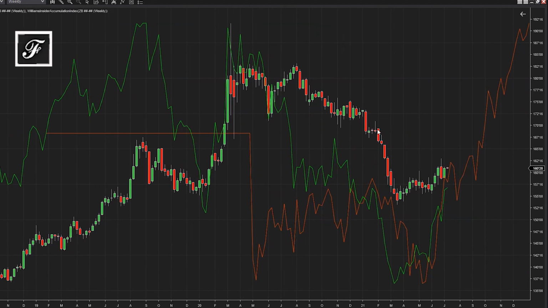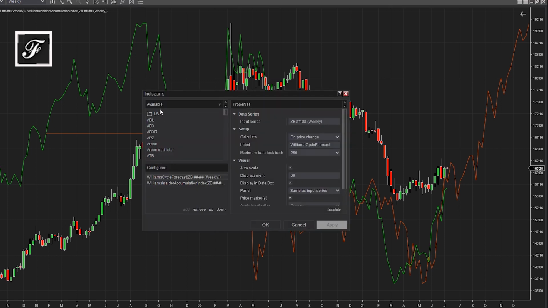We have some kind of flag formation here, see? It seems like bonds are flagging. And we have cycles that suggest some weakness in a week or two from now. It's a bit too early to say what to expect here, but we can check what is happening on some other indicators.